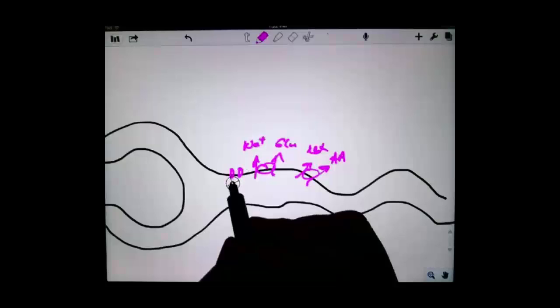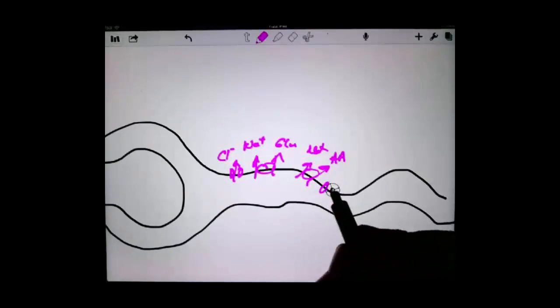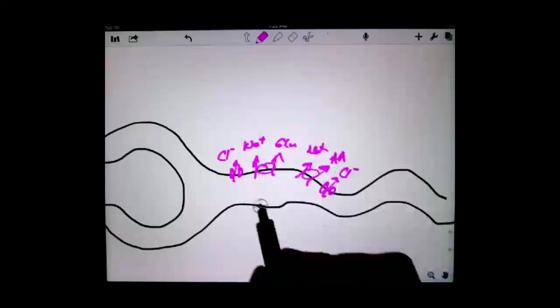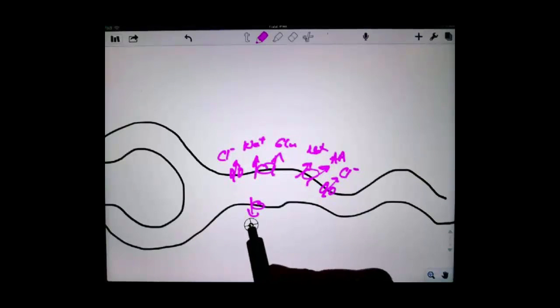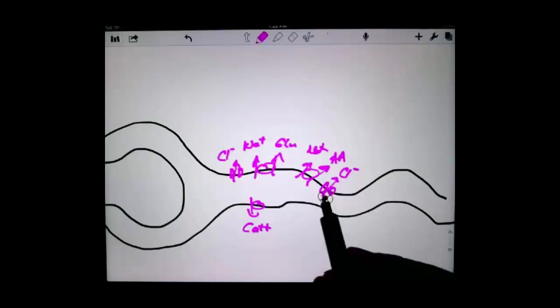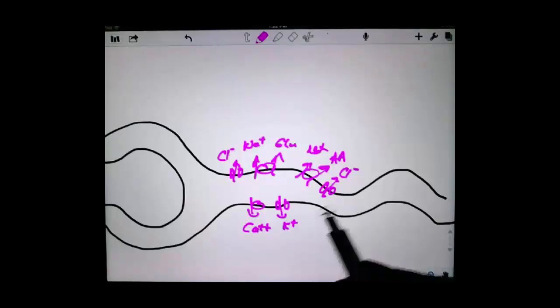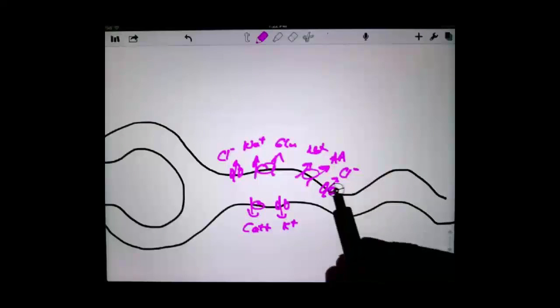Chloride follows passively, simply because of the charge gradient. Calcium is being moved out by calcium pumps. So valuable molecules and ions are being recovered, and what gets left behind is the waste.